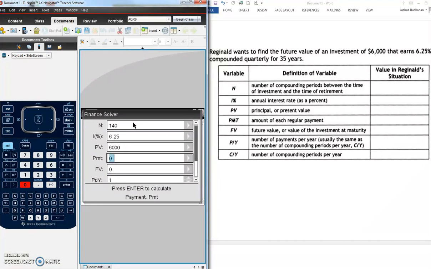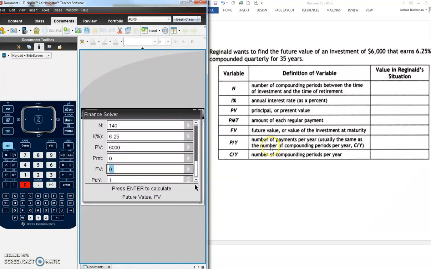The next one is payment, the amount of each regular payment. Well, in this case, there is no regular payments. The next video will deal with payments. Since there are no regular payments, the payment is 0, and we're looking for future value. Now here at the bottom of this calculator, it says press enter to calculate future value, but we're not quite done yet.